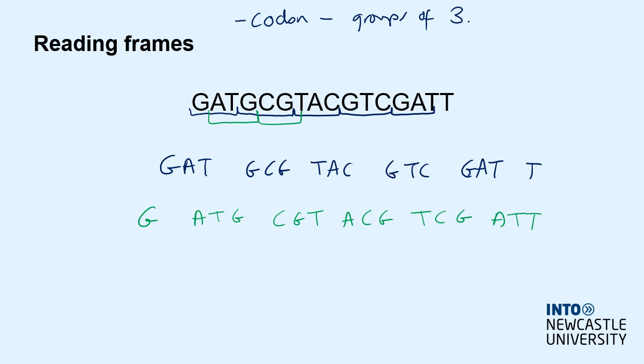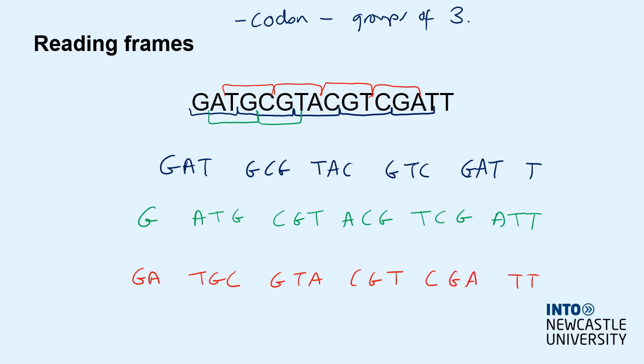That's the second way you could read that sequence of DNA. The final way you could read it is if you divide it like this. So you would have TGC, GTA, CGT, CGA, like that.